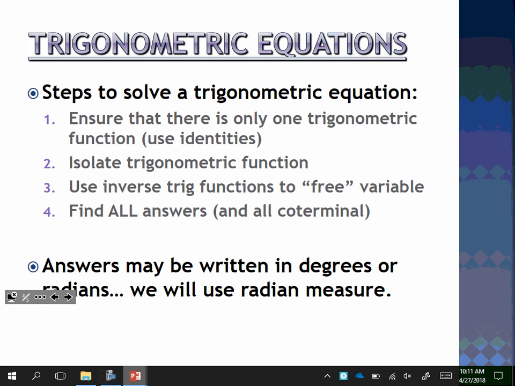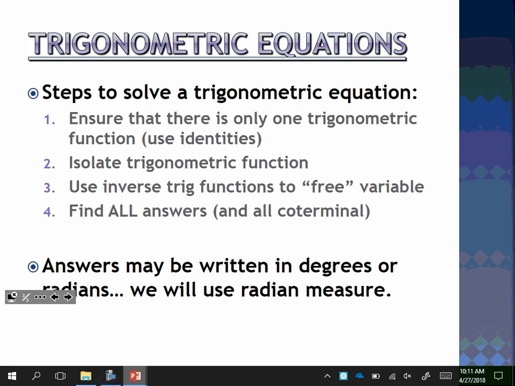And then from there, we're going to ask ourselves, where on the unit circle is there an angle that has that specific sine value, or that specific cosine value, or that specific tangent value, or whatever. In that case, we're going to use inverse trig functions in the sense of freeing that variable up.